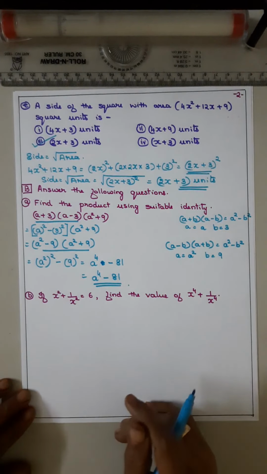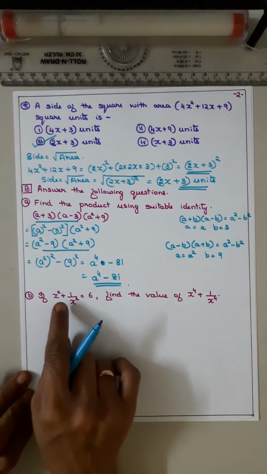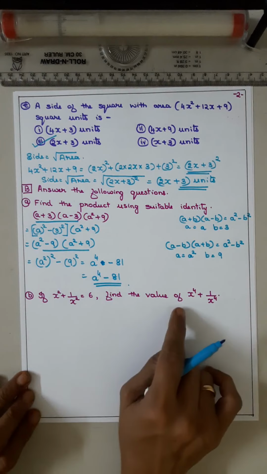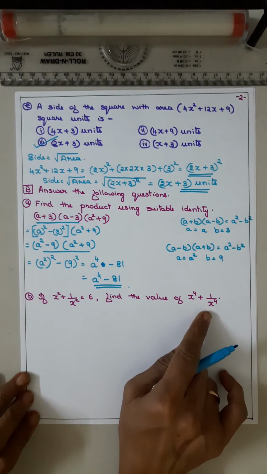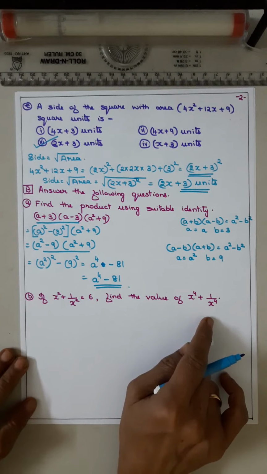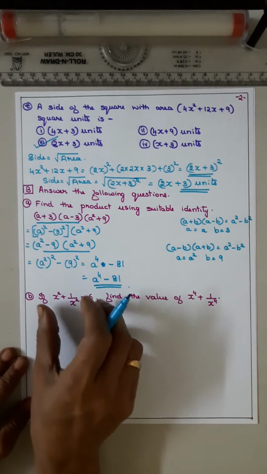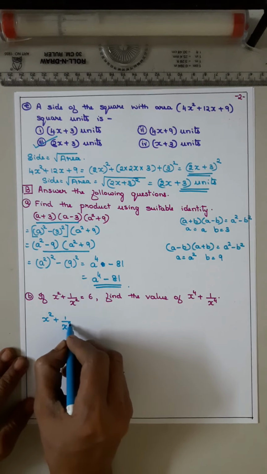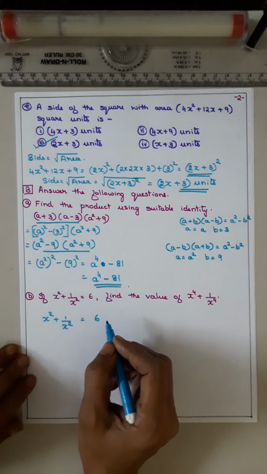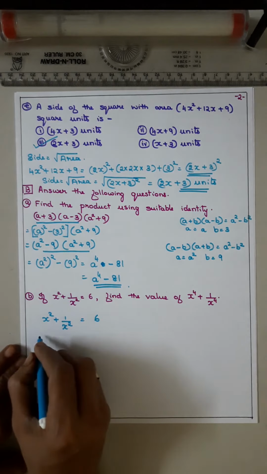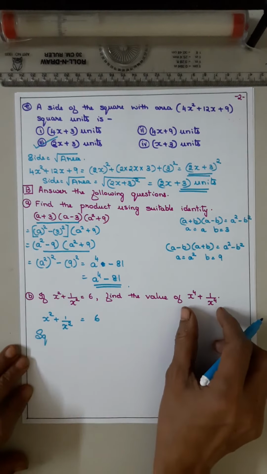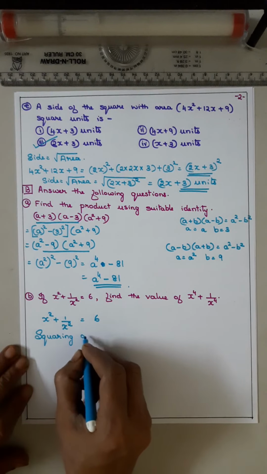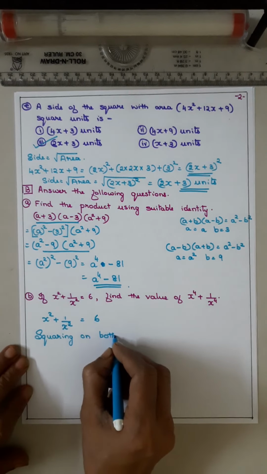Okay. Now coming to the question number B. Now x squared plus 1 by x squared is equal to 6. Find the value of x to the power 4 plus 1 by x to the power 4. Now first write this, x squared plus 1 by x squared is equal to 6. Okay. So how do we have to find this? We'll do squaring on both sides.